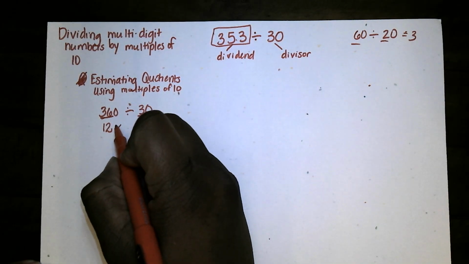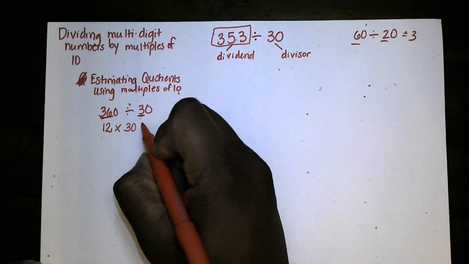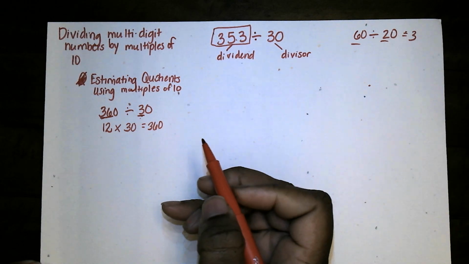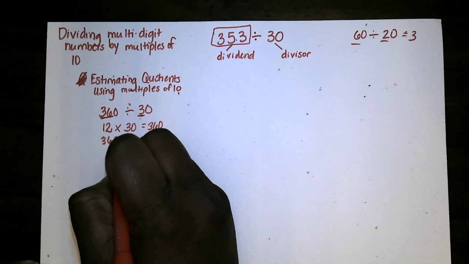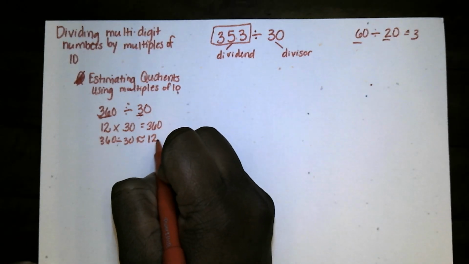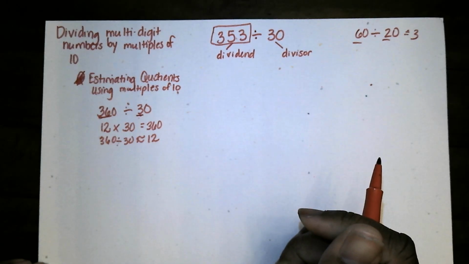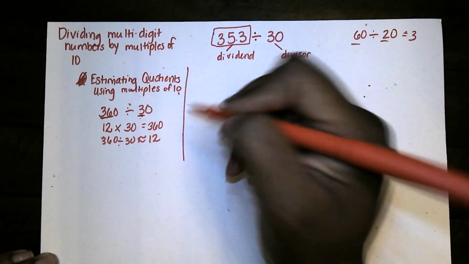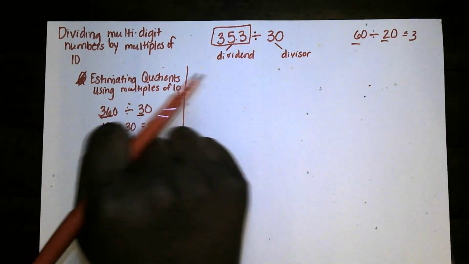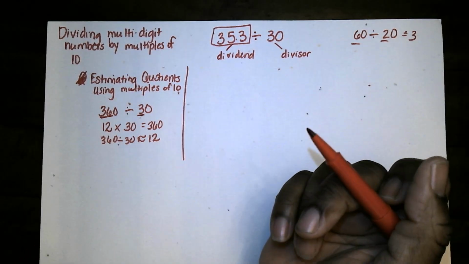So 12 times 30 is going to give me 360. So my answer, 360 divided by 30, is approximately 12. I'm going to be somewhere around that ballpark, okay? I'm just estimating that. This is not one of the specific problems they got, but this is a helpful step, and this is something they can use, okay?